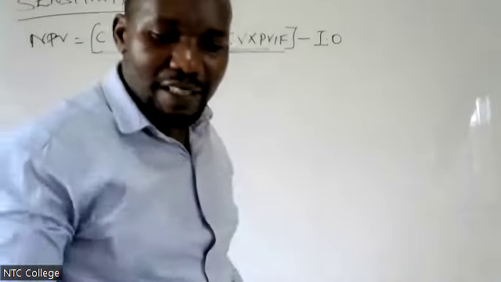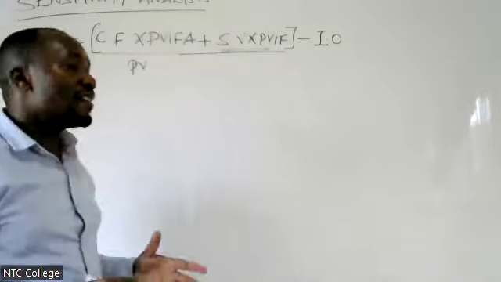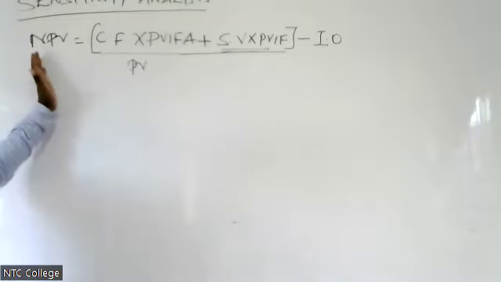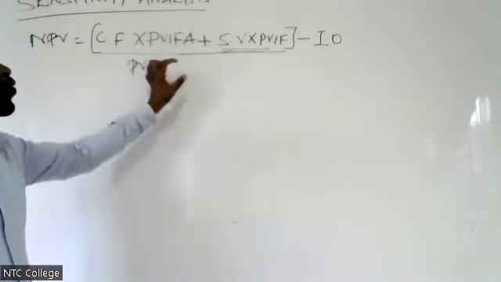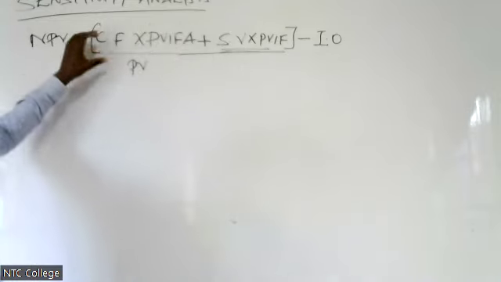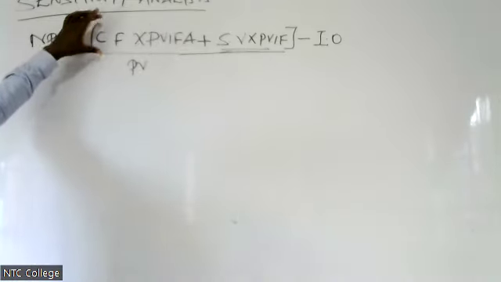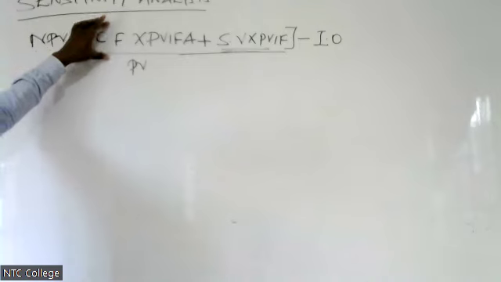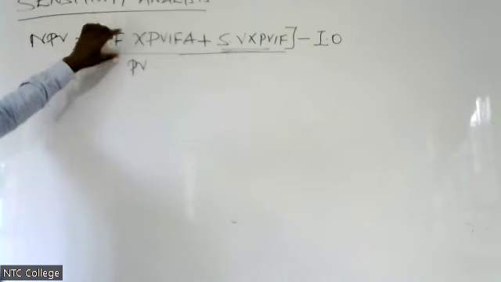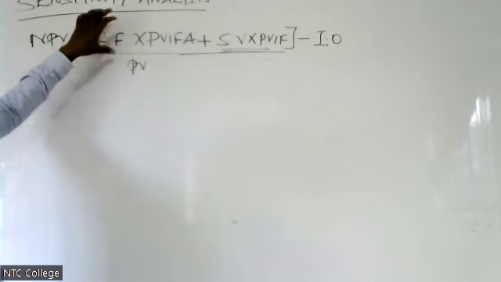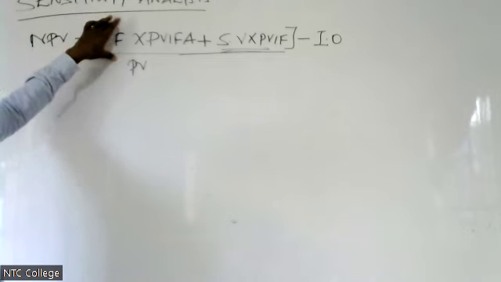So in sensitivity analysis, we want to look at how sensitive the NPV is in relation to the movement or changes on these factors. This one we were able to break down. You know that we have profit here. This profit is made up of the price minus variable cost times the quantity, minus the fixed cost.